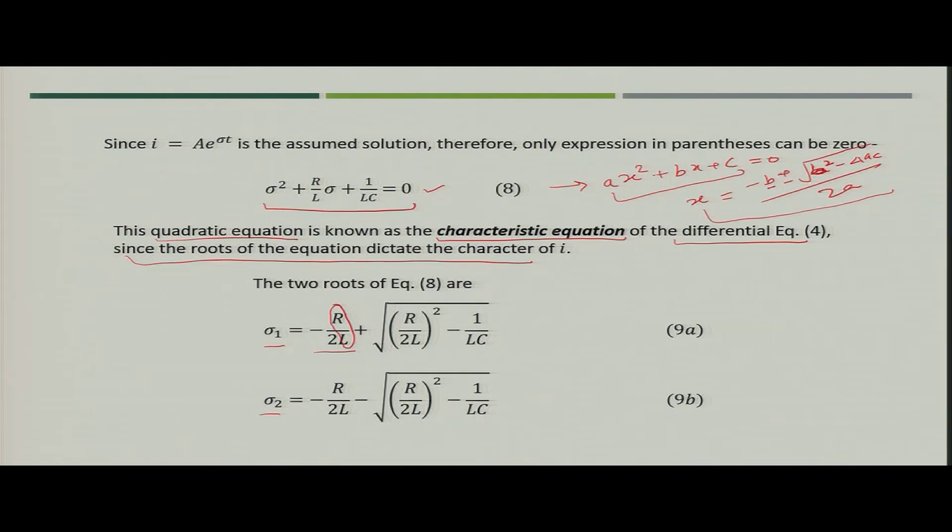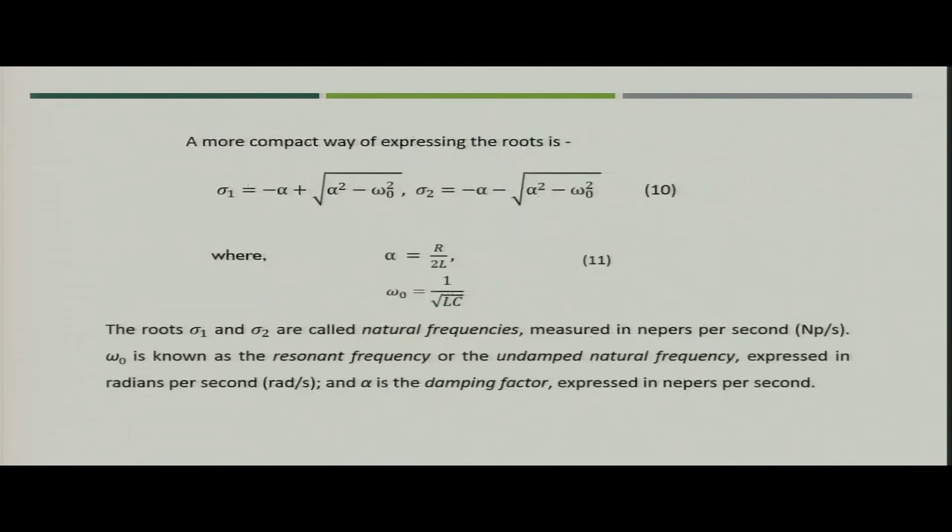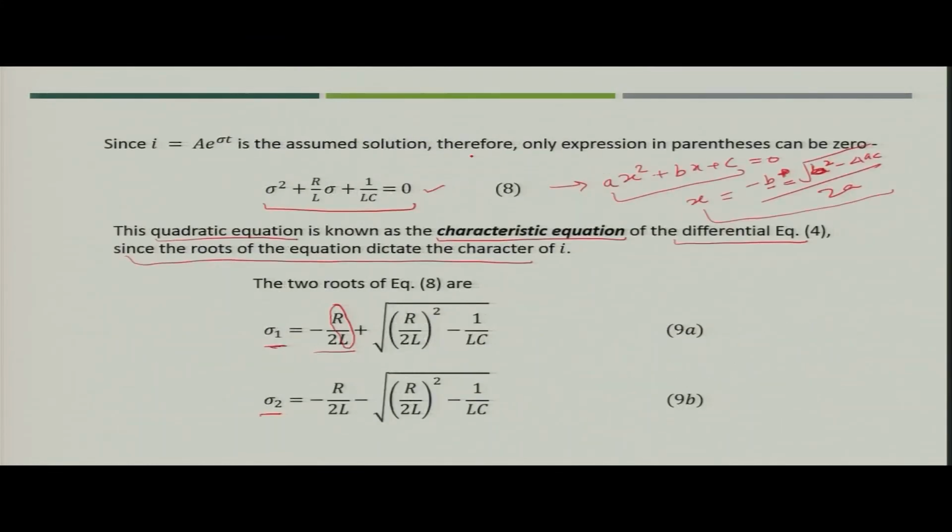Because you have plus minus, one root would be related to plus, the second root would be related to minus. So, when you put these values, you will get sigma 1 equal to this, sigma 2 equal to this. Now you have these two roots in your hand, and you can represent them in a more compact manner.